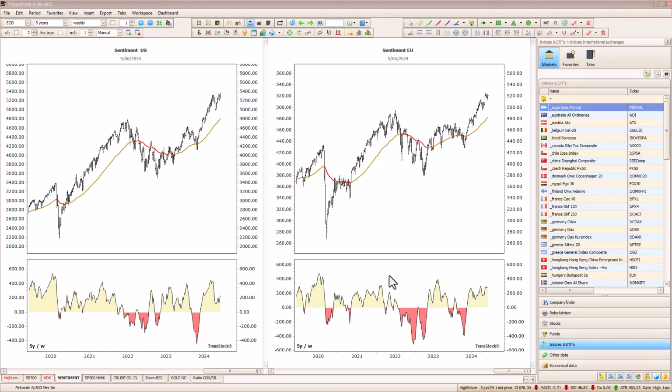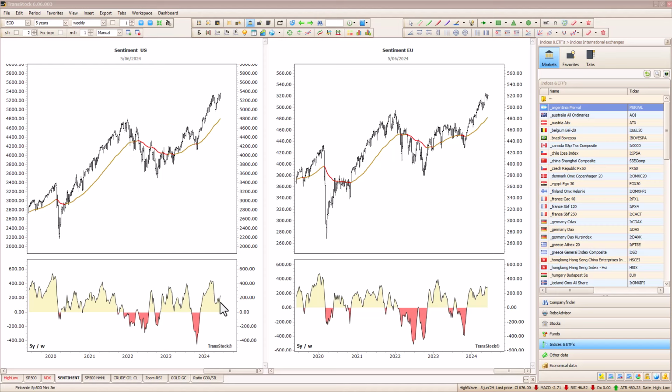In the US, we also see a rising chart, but since the top in March, the momentum has dropped, meaning fewer stocks meet the criteria. This is a sign of weakness, so it's important to monitor your portfolios closely in the coming weeks.